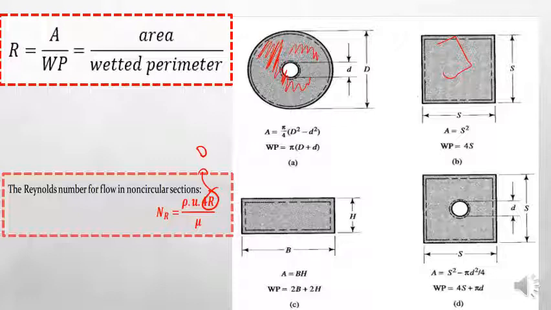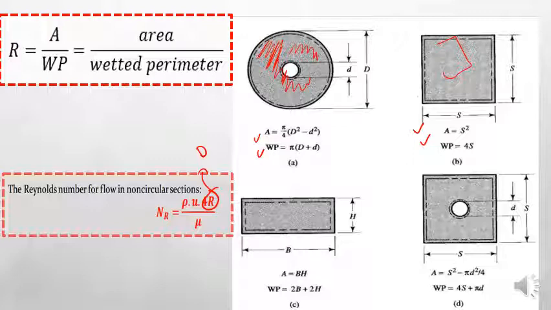Each category of shape has its own formula to calculate the area and the wetted perimeter. For example, this is for A, and for B this is the way to calculate the area and wetted perimeter, and likewise for C and D. Just take a look at the diagram and the symbols of the dimensions referred to inside the formula.